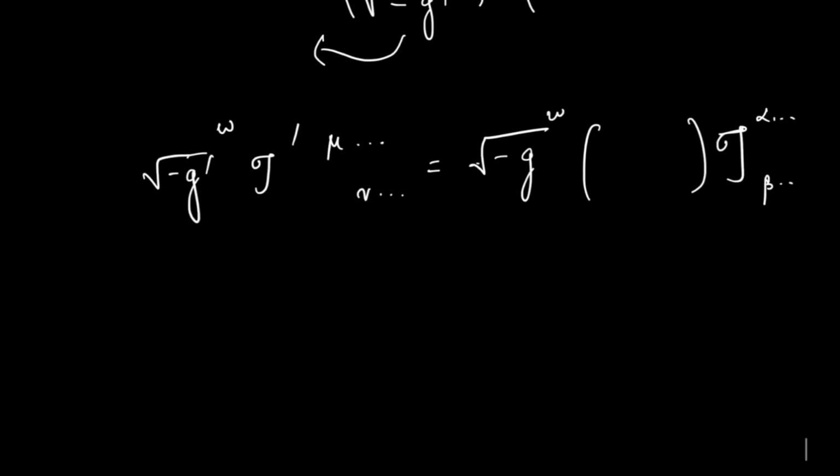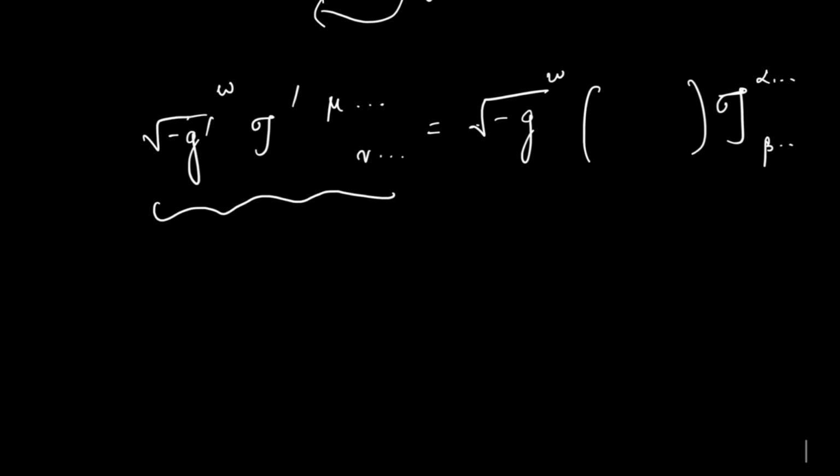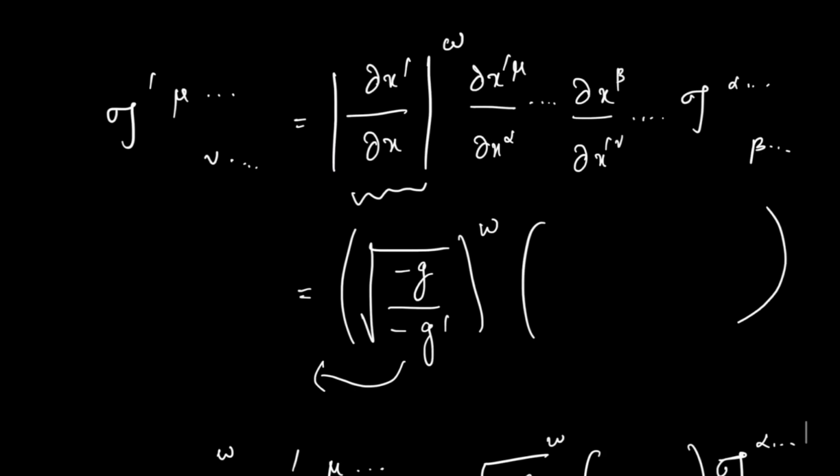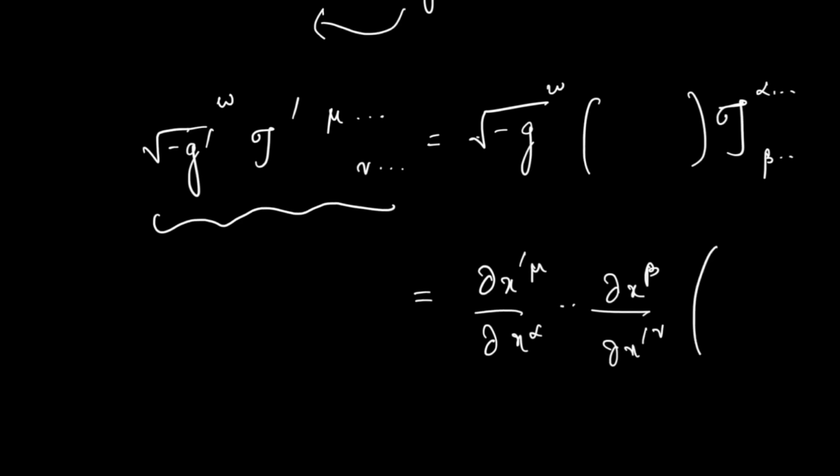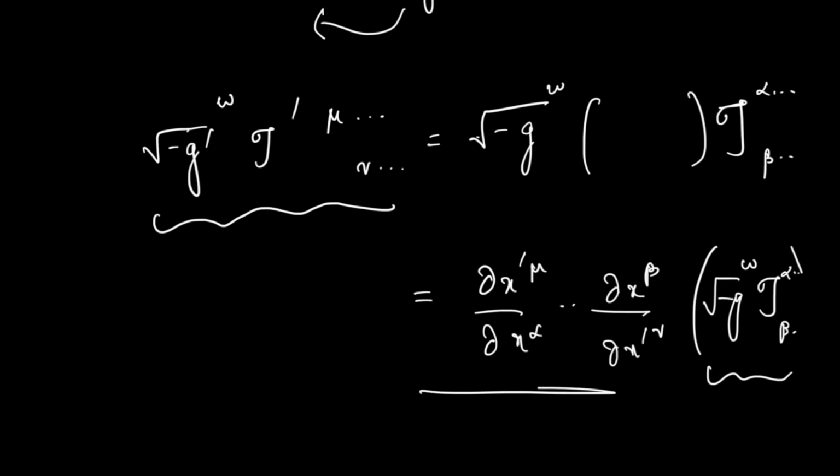So if you see, this entire quantity can be written as, there will be this transformation rule, right? The partial derivative of x'^μ with respect to x^α, the partial derivative of x^β with respect to x'^ν. Then I can write root of minus g raised to w times T^αβ. So this quantity is transforming like a tensor.